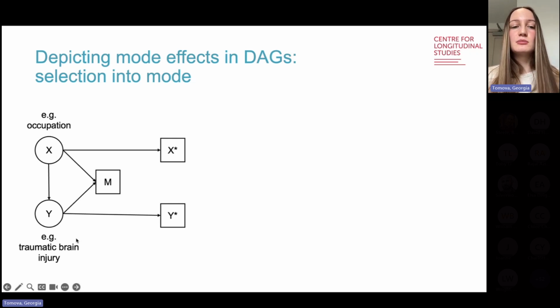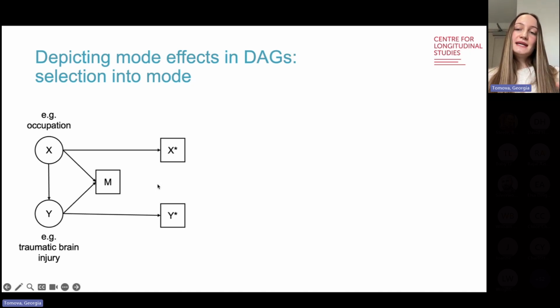And we can assume that in both cases, there will be some sort of process where both of these, whether the effect is smaller or larger, would be probabilistically related to selection into a specific mode. So this time we have arrows coming out of the underlying variables.